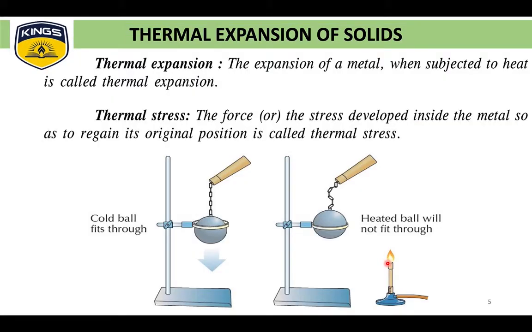There is an experiment also for thermal expansion. The expansion of metal when subjected to heat is called thermal expansion. The force or stress developed inside the metal so as to regain its original position is called thermal stress. This example gives a clear idea about thermal expansion.